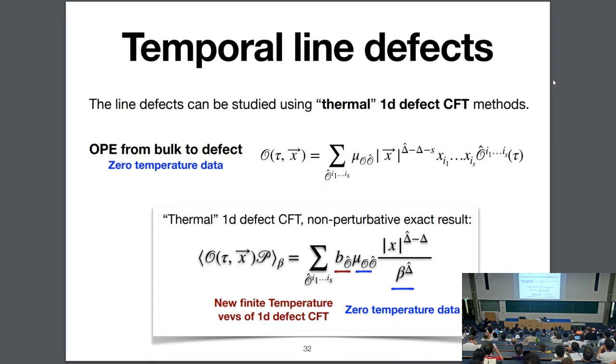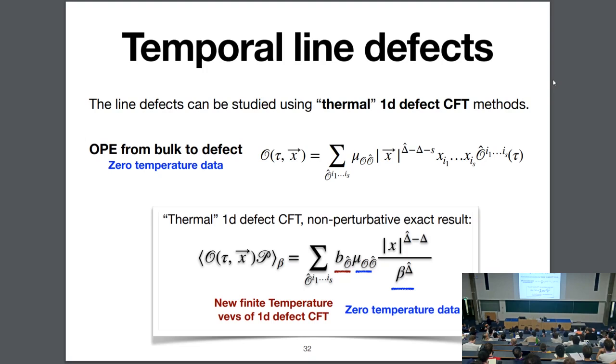So what do we need? We need one thing from our bootstrap friends, which is zero temperature data. We need the OPE of bulk to defect. We have an operator in the bulk, and we see what happens when we throw it on the defect. So these O hats are the defect operators, yes? And this is completely known.